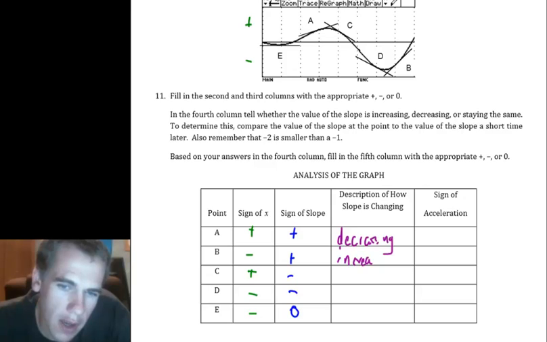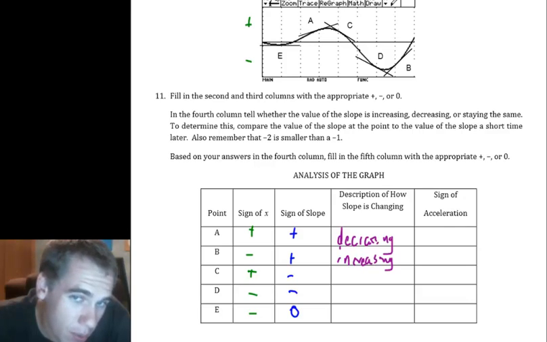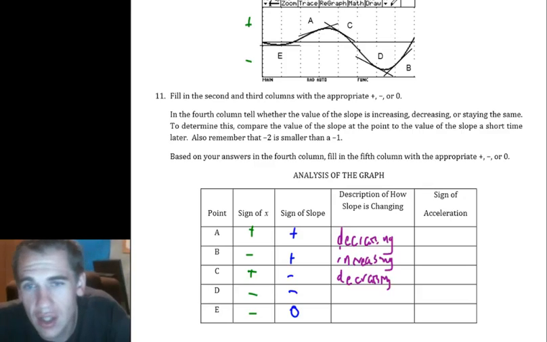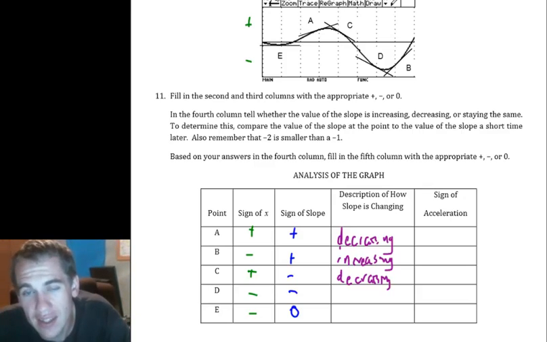Okay. C is right here. If I move a little bit further right on this one, it's going to get steeper, but it's going to get steeper negative. It's going to become a more negative slope, and that means that it's decreasing. Okay. D. It's negative, it's gonna get less negative, right?